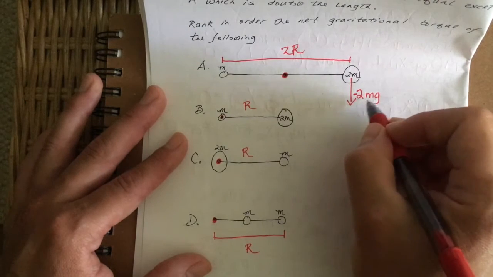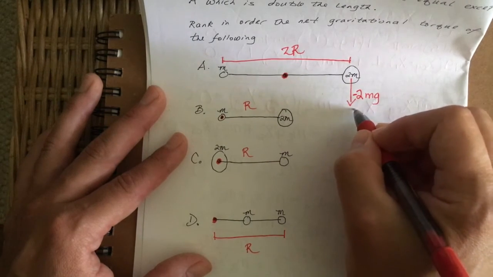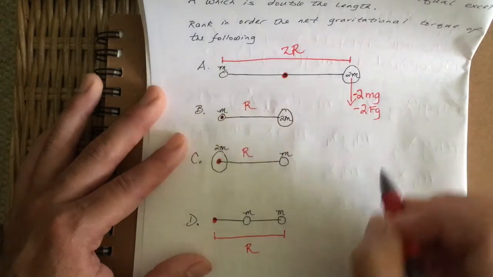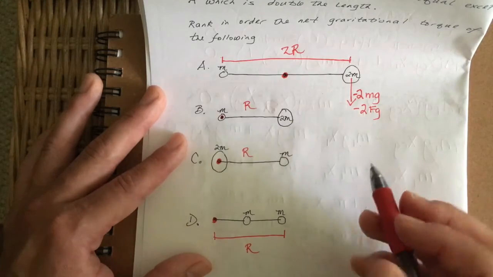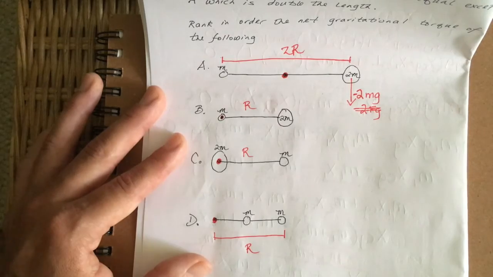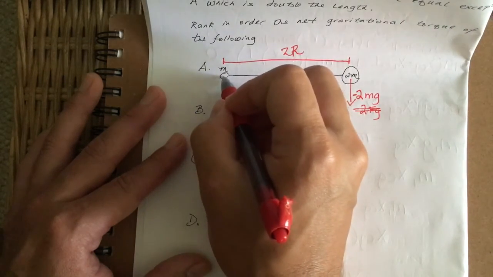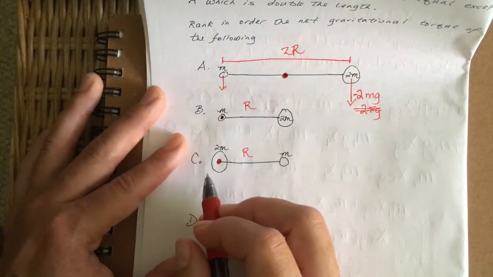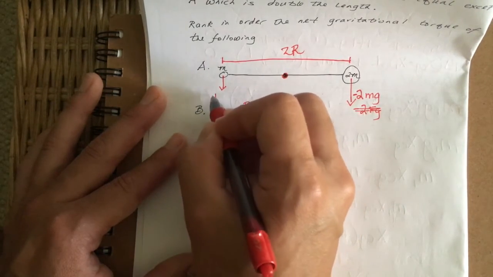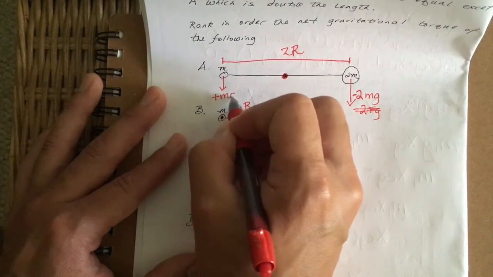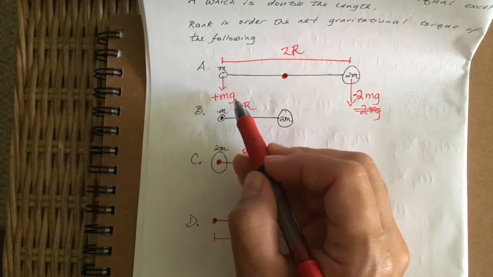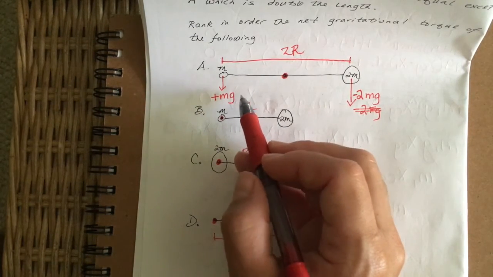Let's just keep it as negative 2mg. This one here is going to exert less of a force in this direction, clockwise or counterclockwise, but positive, so it's going to be positive m times little g. The angle here is 90 degrees.